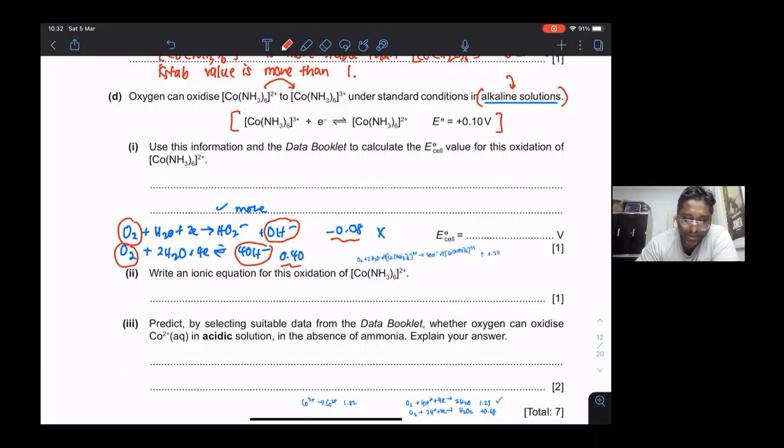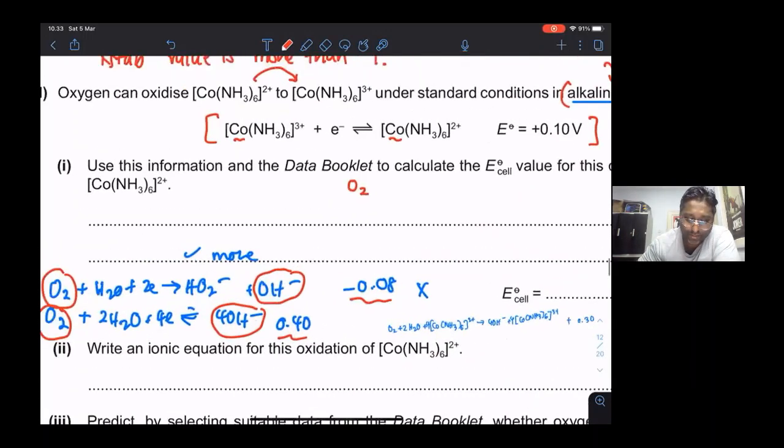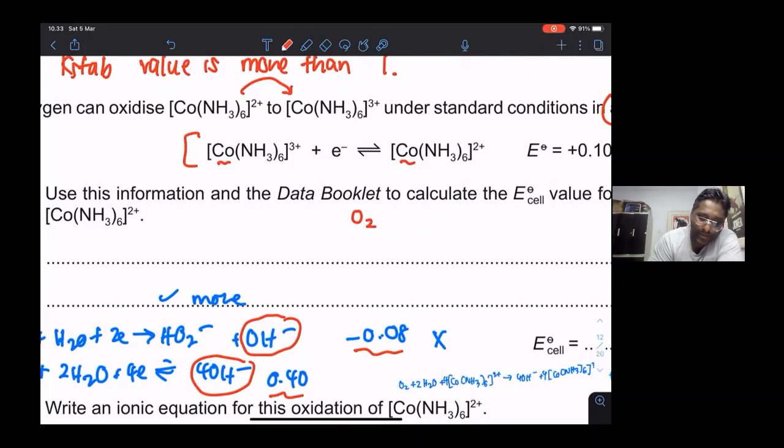So when oxygen oxidizes, we can count the oxidation number first to check whether we are at the right place. For cobalt, ammonia has an oxidation number of 0, so this is going to be +3. And here, ammonia is also 0, so it's going to be +2.